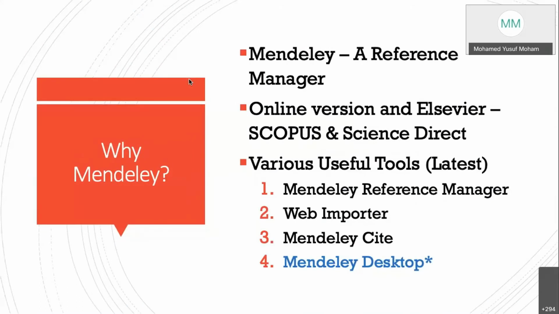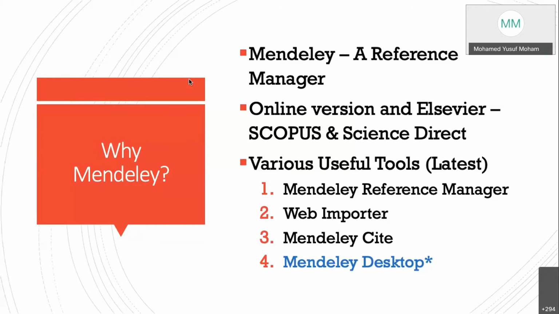When we talk about Mendeley Reference Manager, as I mentioned just now, it is the online version, collaborating with Elsevier. This is the part that I like very much about Mendeley, because all papers that are in Scopus and Science Direct, you can import directly to Mendeley. That's the beautiful part of Mendeley.